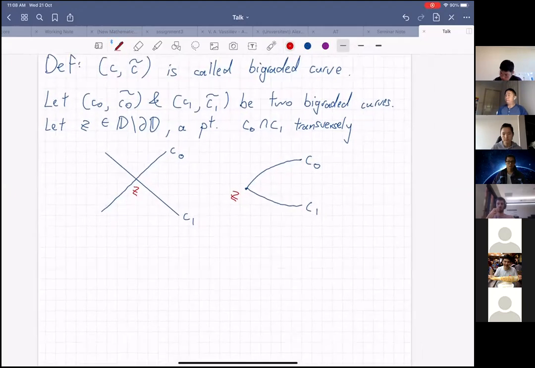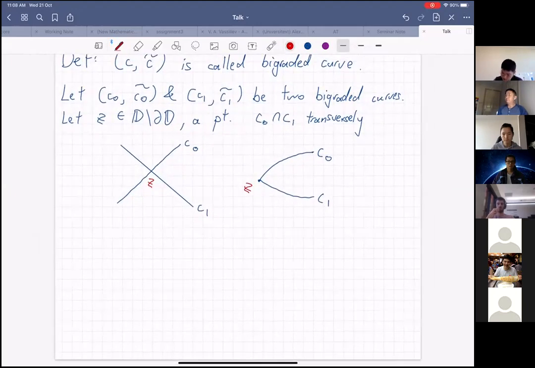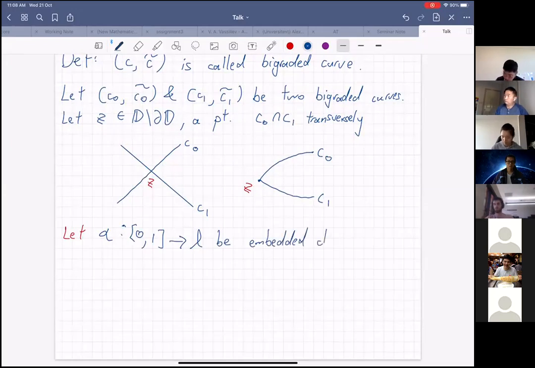So how are we going to compute the bigraded intersection number? So first of all, let alpha be an embedded arc. Okay, I want a clockwise arc from alpha minus C0 to C0, C1.